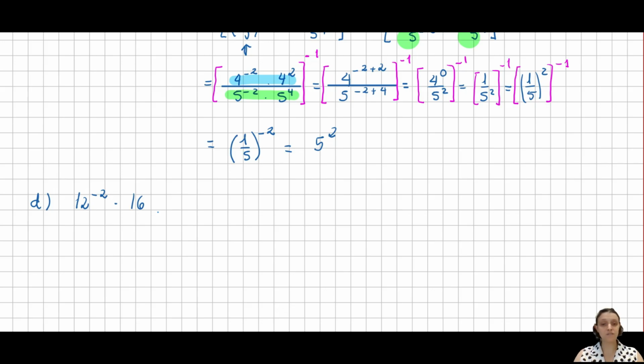Okay, so let's remember that 12 is 3 times 4, where this would be 3 times 2 to the power of 2. And this is 12. So this guy right here becomes this, and all this to the power of -2.